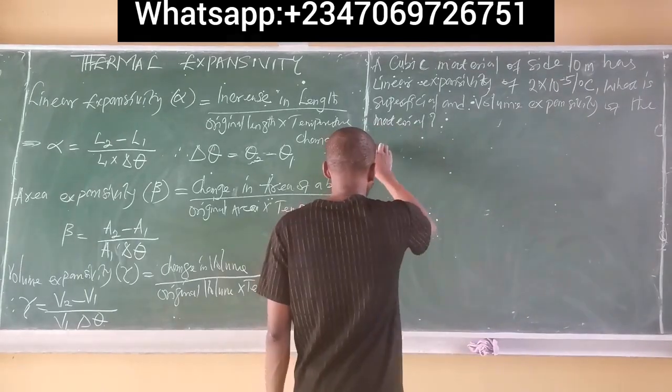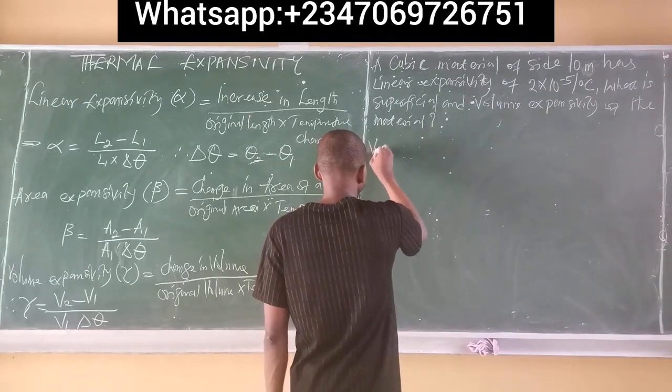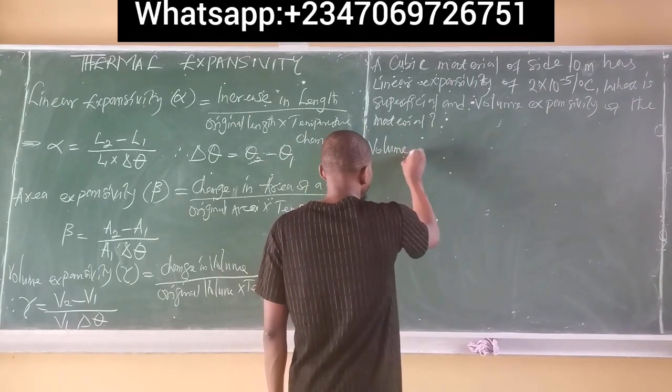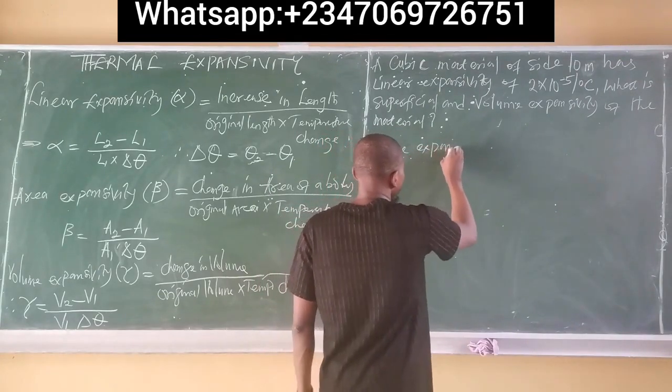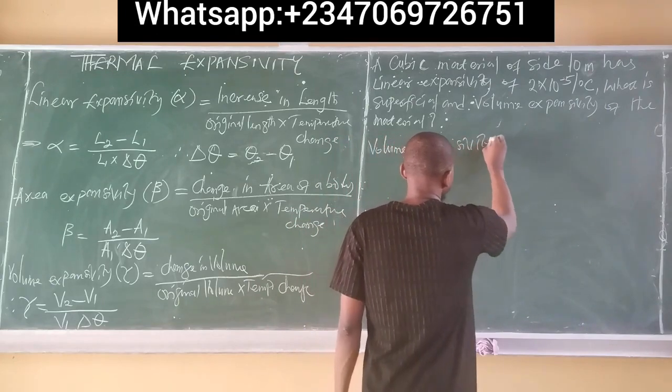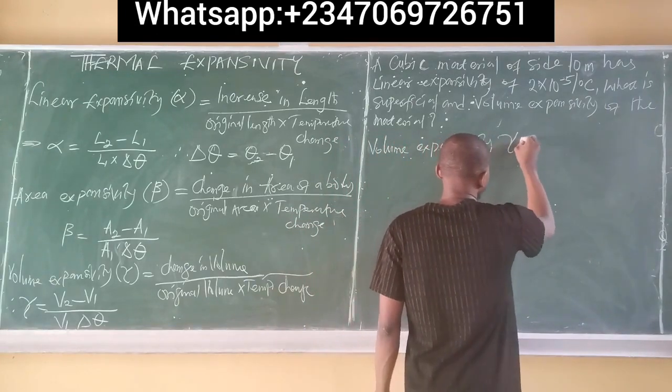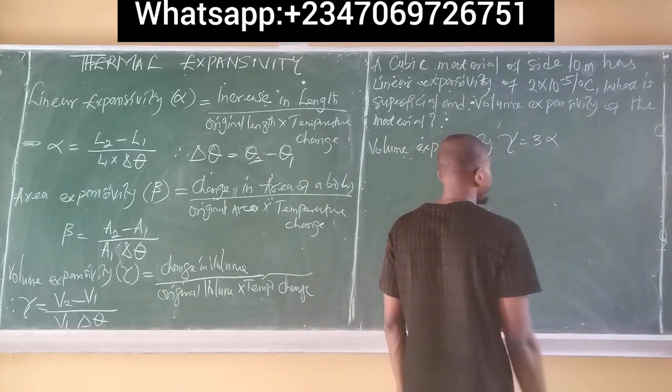Now, volume expansivity, I have said earlier that volume expansivity, which is gamma, is 3 times the linear expansivity.